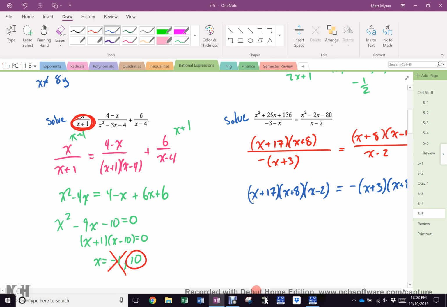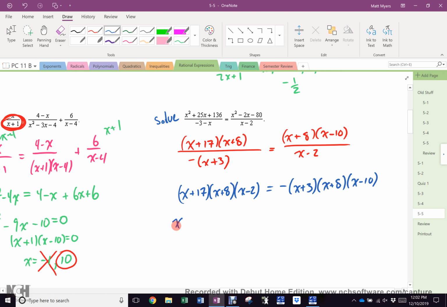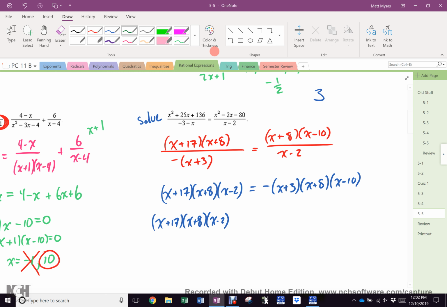Okay, so x plus 17, x plus 8, x minus 2. What happens when I bring this whole thing over? If I gave you 3m equals negative 7m, it would be 3m plus 7m would equal 0, yes?